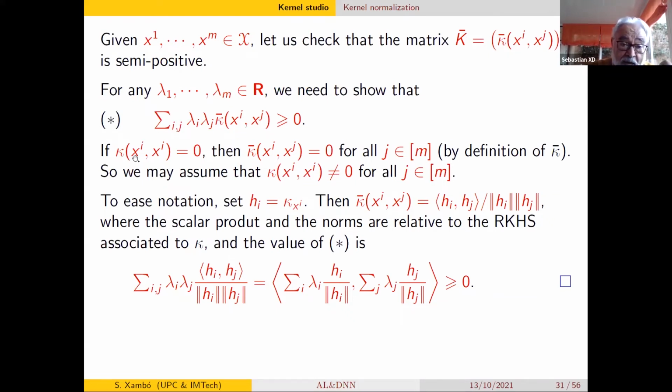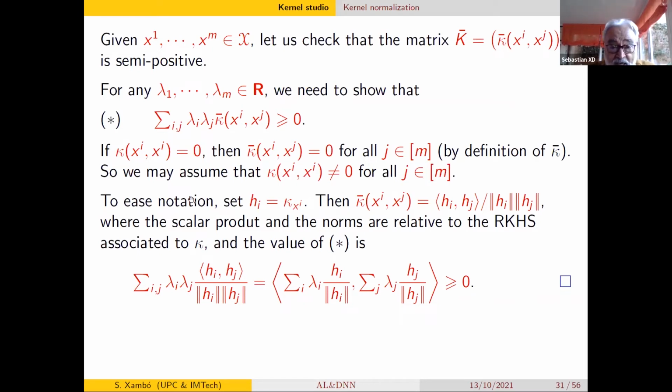Now, if kappa xi were 0, then by a remark I made some time ago in a former slide, this would imply that kappa bar of xi, xj is 0 for all j. This is by the definition of kappa bar. So it does no harm to assume that kappa xi is different from 0 for all i.